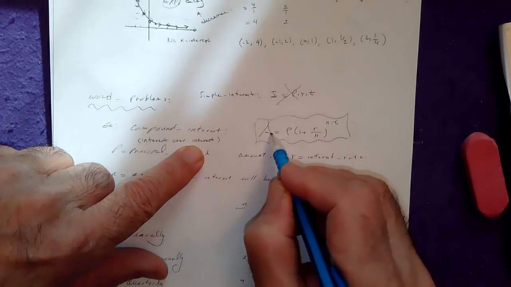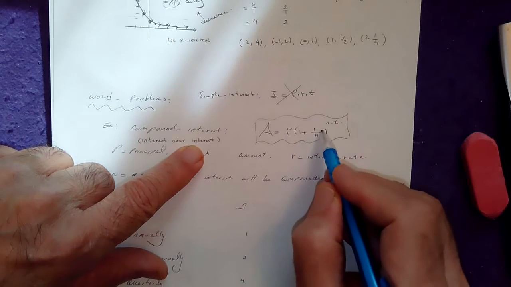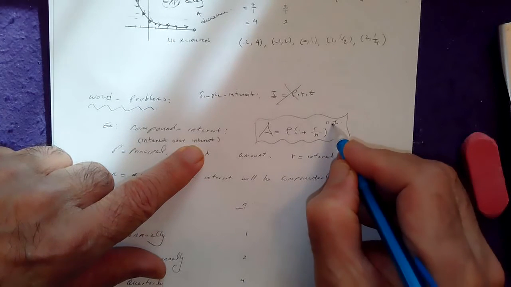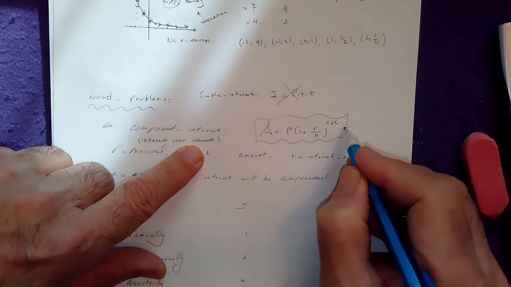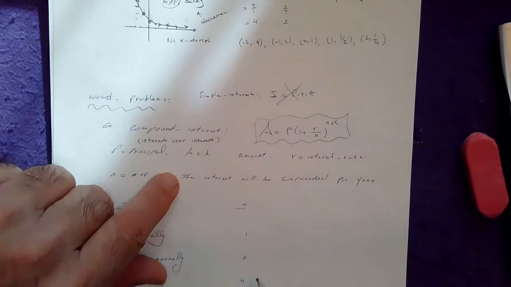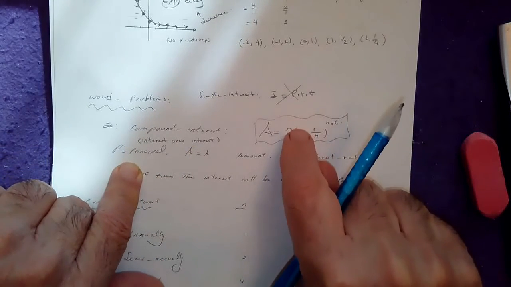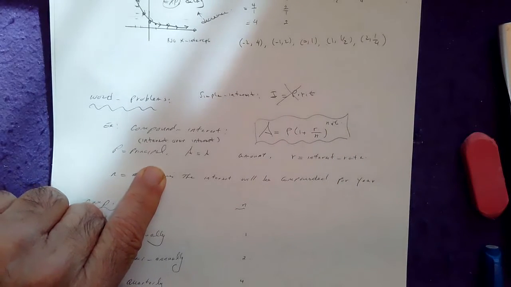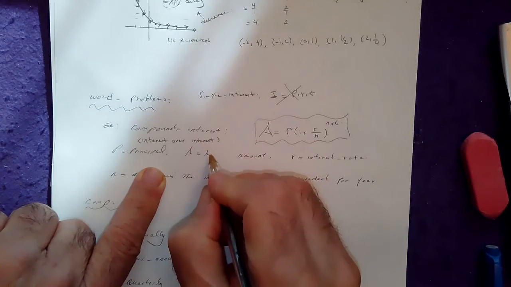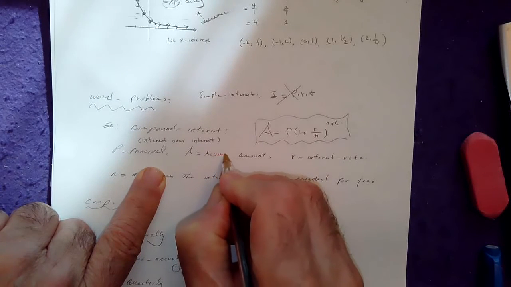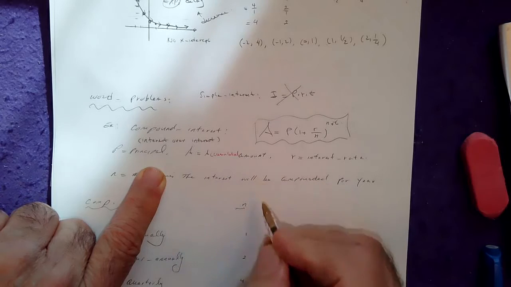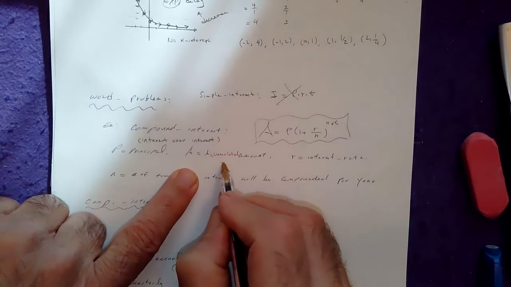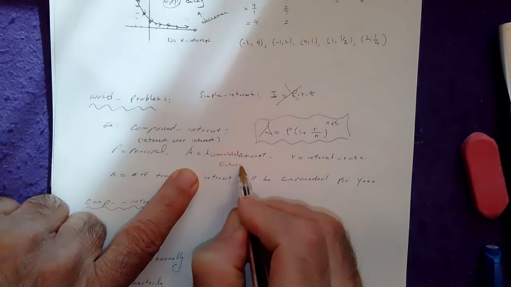It's A equals P times (1 plus r over n) to the power of n times t. So there's a multiplication here. P is the principal, the amount you have deposited in the account. A is called the accumulated amount. Okay, that's like the future amount or future balance.